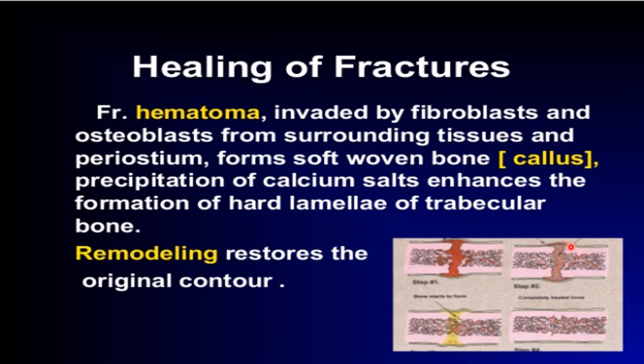So you see a soft tissue shadow around the bone on X-rays around the fracture, and this soft woven bone is called a callus. Once this has formed, there is precipitation of calcium salts inside the callus, and this ultimately leads to formation of hard lamellae of the trabecular bone, and bone healing takes place.